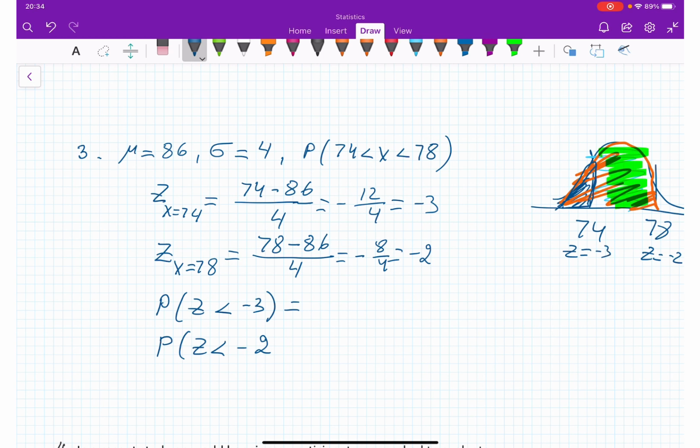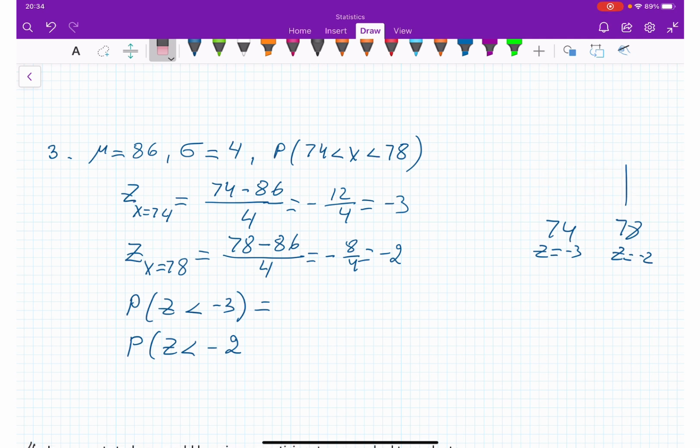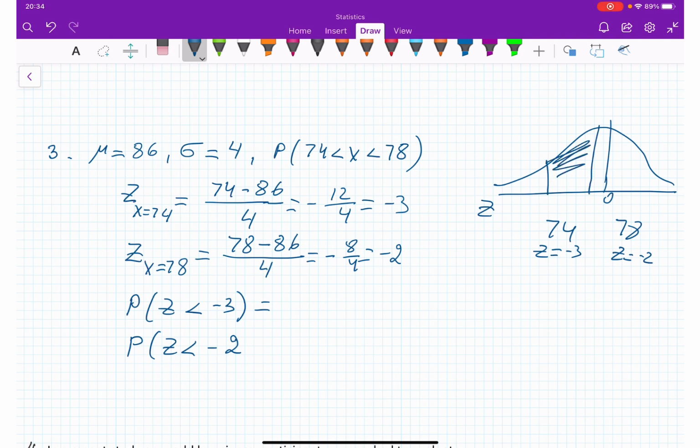The picture is not precise, but both z-scores are negative. Here is our 0, so below 0 the z-score is negative. Both of them will be negative. This will be this one, and this will be this one.